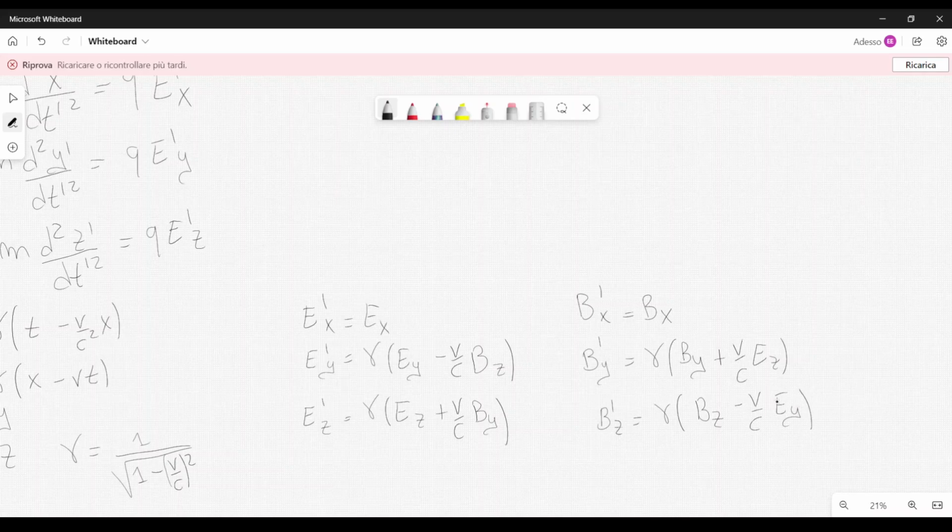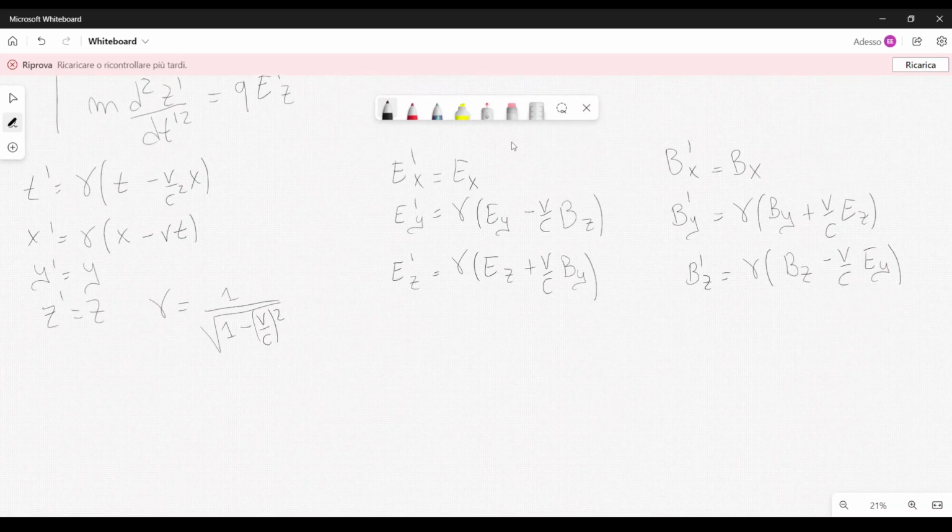And now let's set dx over dt equal to x dot, and working with the x component first of Newton's second law, we have d squared x prime dt prime squared, which is equal to d over dt prime of dx prime over dt prime, like this.